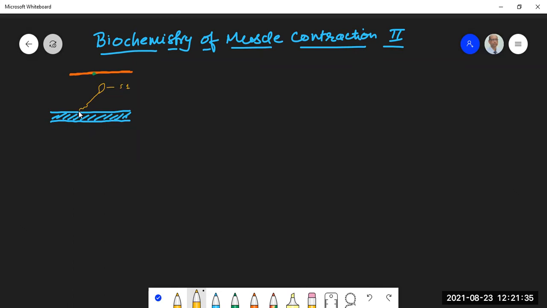This is the S2 component, and this is the rest of the thick filament. This is the thin filament, and the one in green dot is the tropomyosin.